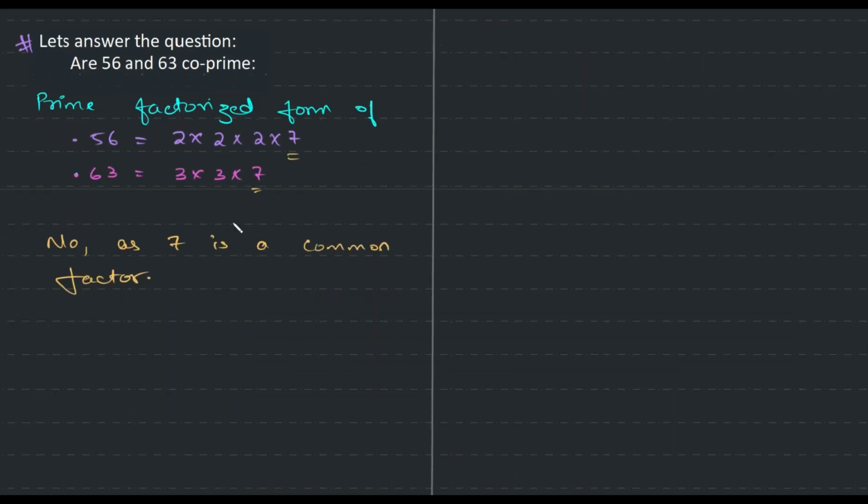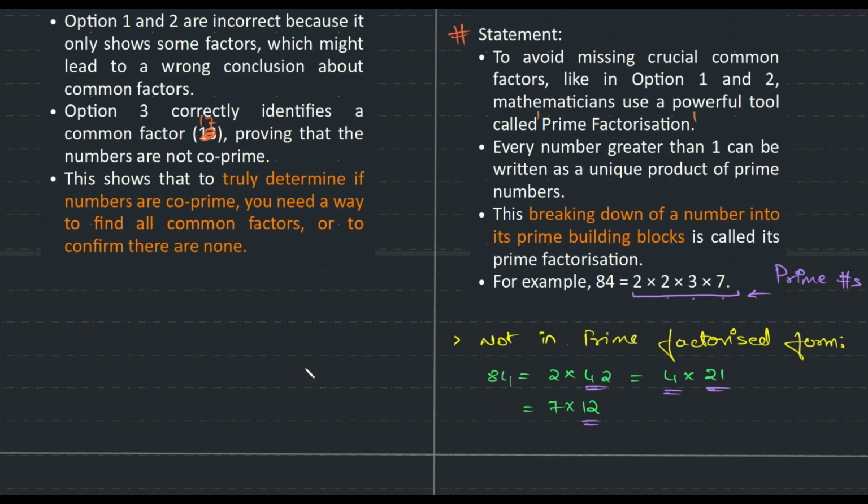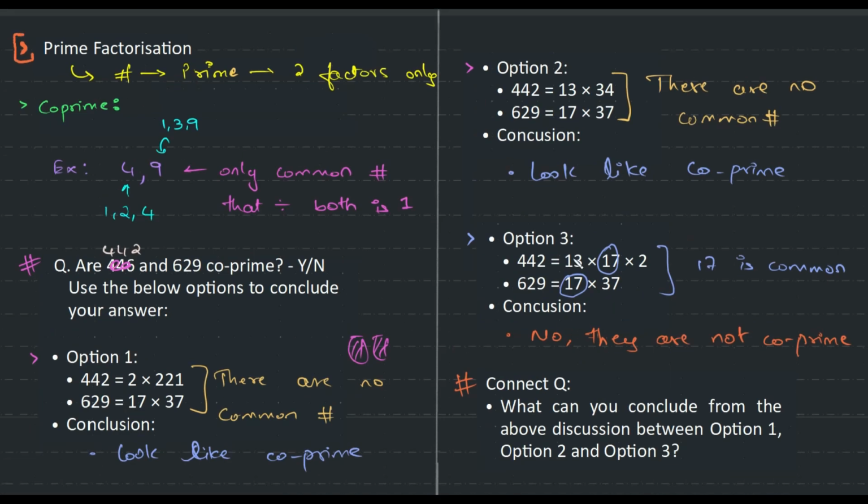And last, 56 and 63, I was able to expand them in this manner, and we could see that 7 is a common factor, so they are not co-prime numbers. These two lines are the prime factorized forms of 56 and 63. You can pause and please do write this down, and in the next set of videos, we'll learn a few more things about prime factorization.